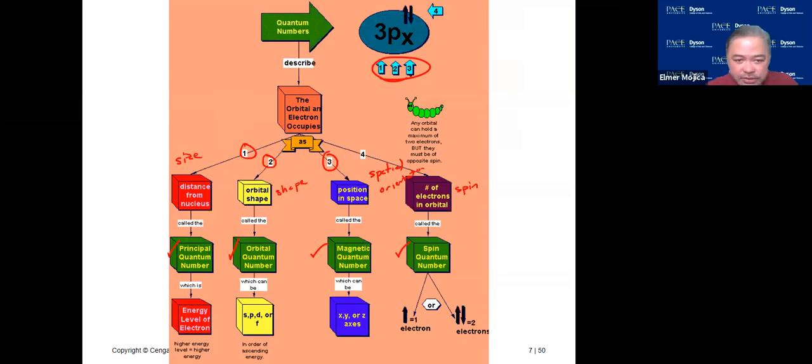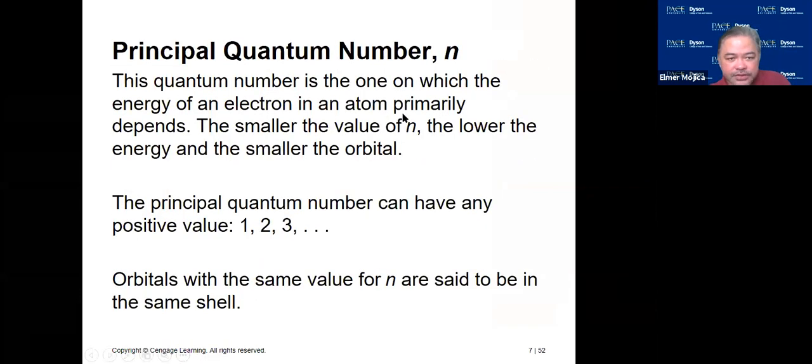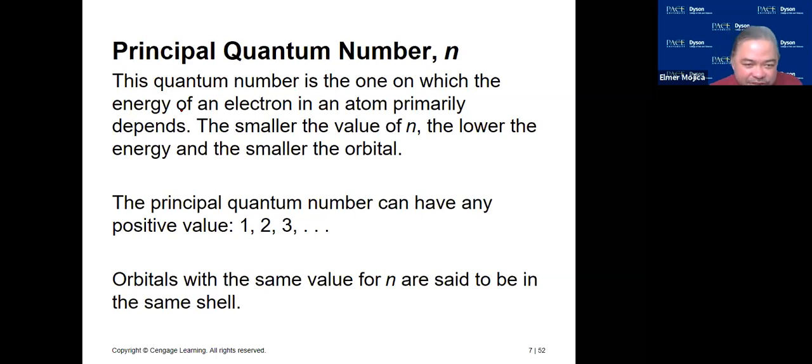Okay, so let's go with the first one, the principal quantum number. We designate it as small letter n. The principal quantum number is the one on which the energy of an electron in an atom primarily depends.